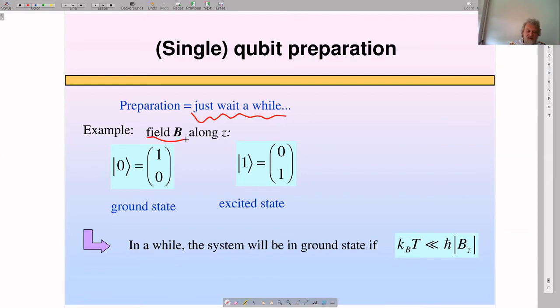Good. It is prepared in a certain state. If you don't like the state, just switch the direction of the field, the ground state will become state 1, and you can prepare your qubit as you wish.